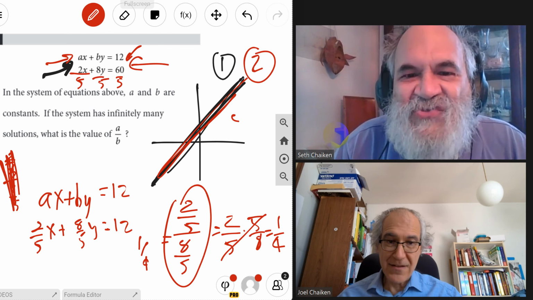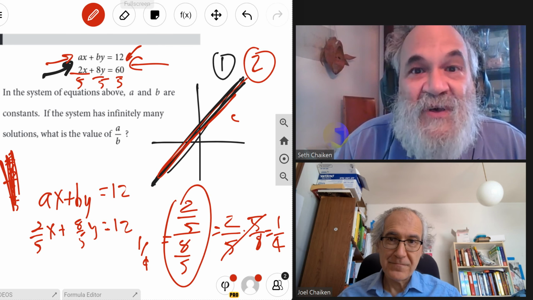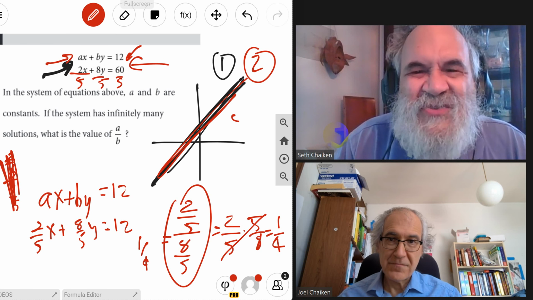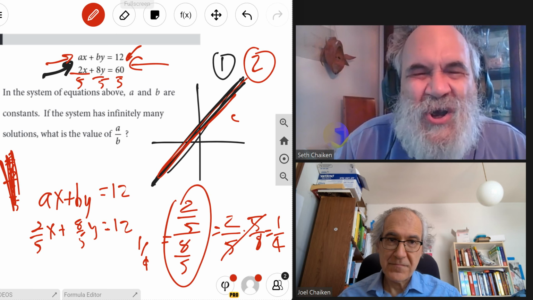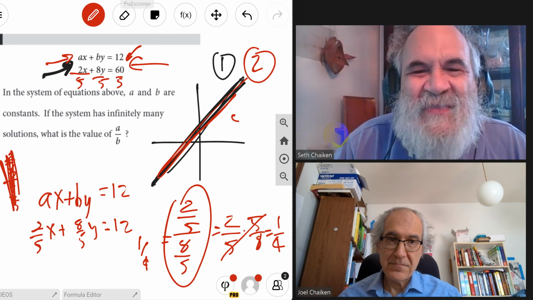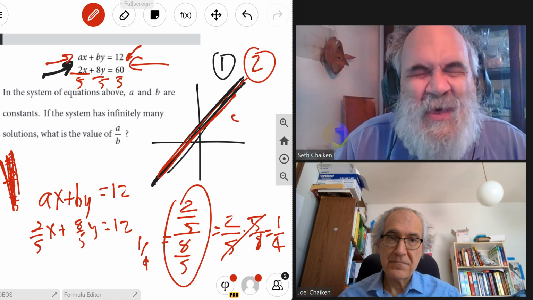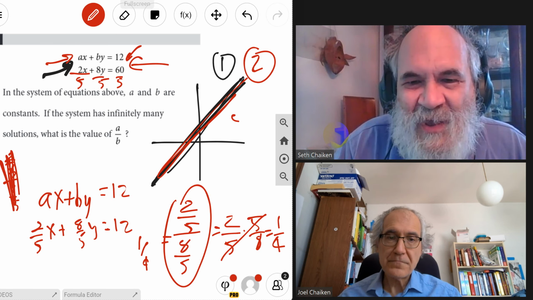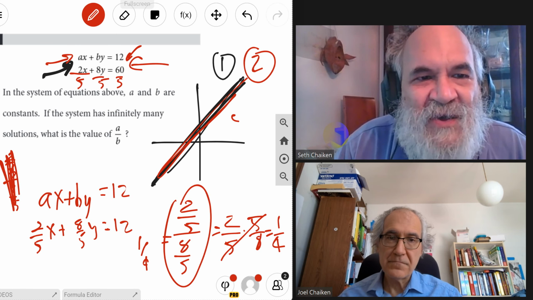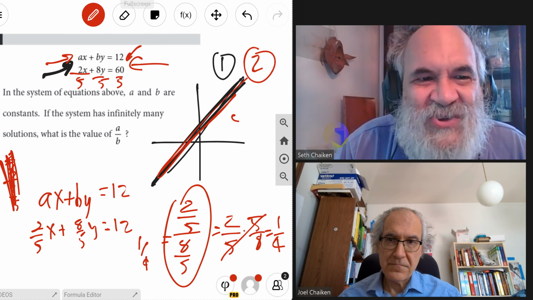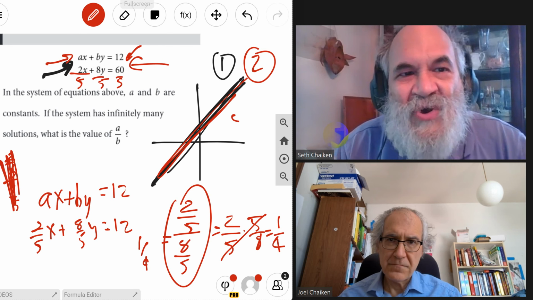And the slope of a line defined by a linear equation is determined by the ratio between the y and the x coefficients, with a minus sign, but it's basically the ratio. And so what I did was pick the ratio of a to b to be the same as the ratio of 2 to 8, which is a quarter.